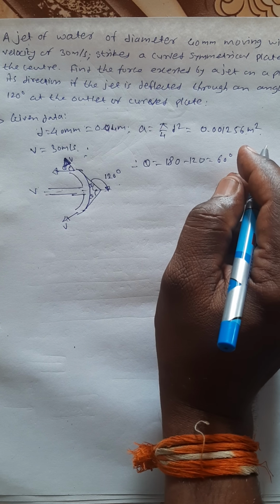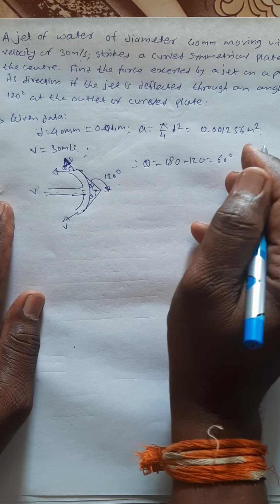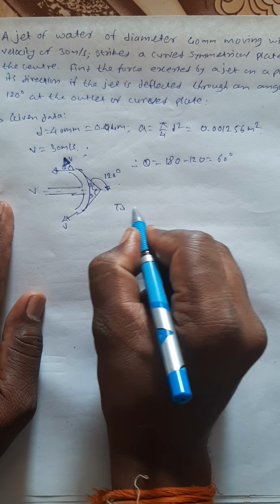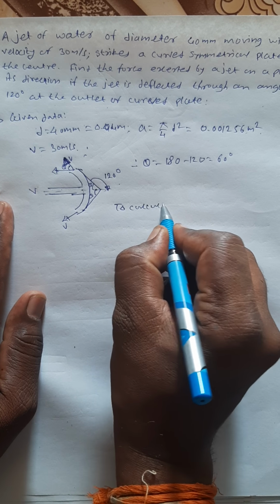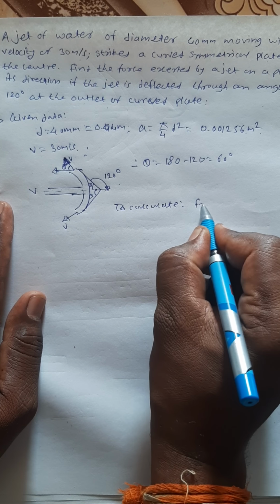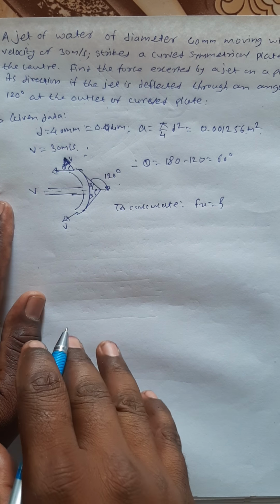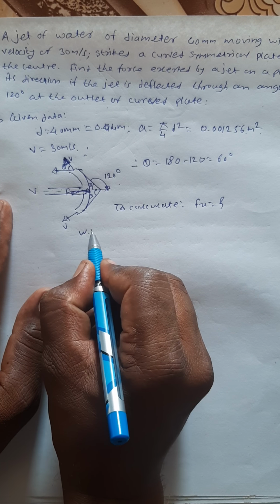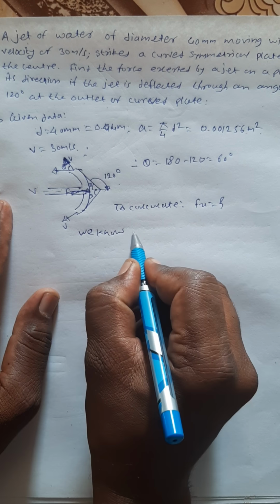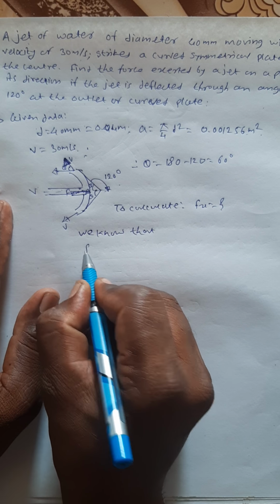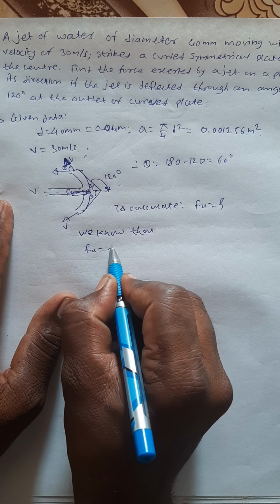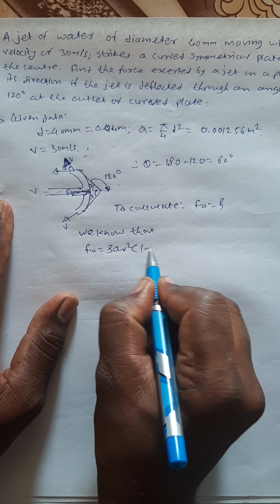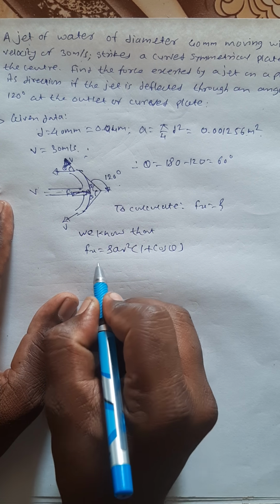Okay, now by considering those things we have to calculate, they have asked us the force exerted by a jet on the plate at its center. So this will be the center and this is the force Fx. Now we know that the force Fx is equals to rho A V square into (1 plus cos theta).